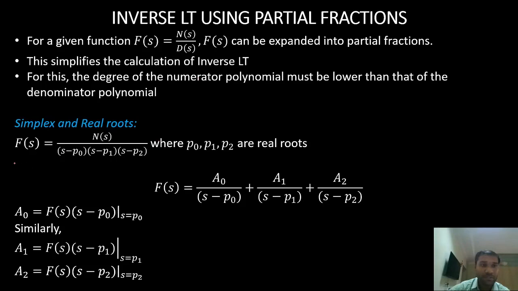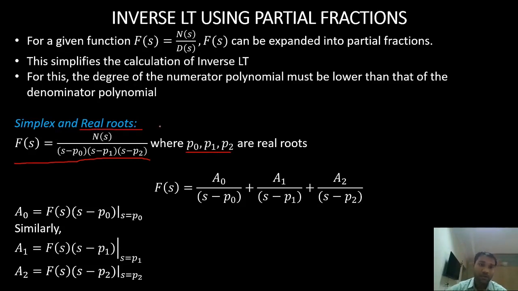So if this is my F of s, I have some numerator and in the denominator I have multiple poles: s minus p0, s minus p1, s minus p2. These are my roots or poles. Now in this case, first I'm considering only real roots.